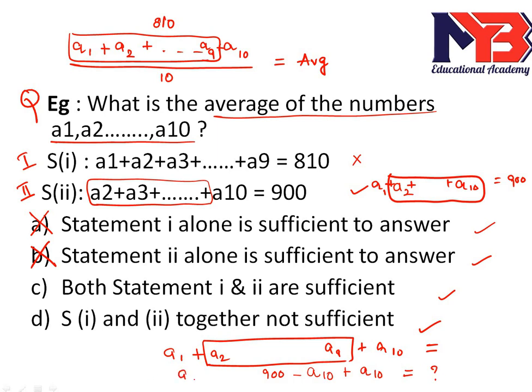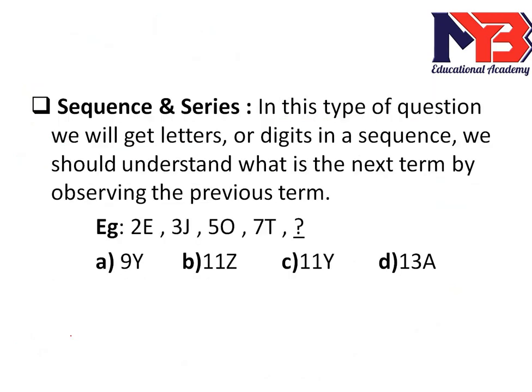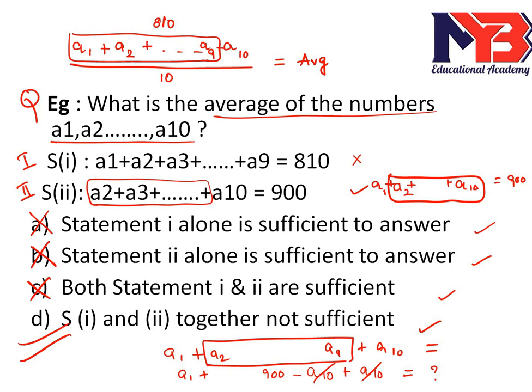See, still I'm unable to answer this. Why? Because this is cancelled, and I still don't know A1, because I have two variables here, one is A1 and the other one is A10. Even if A10 gets cancelled, I cannot get the answer because I don't know A1. So I am simply eliminating option C. Go for option D, that is statement number 1 and statement number 2 together also are not sufficient in answering this question.